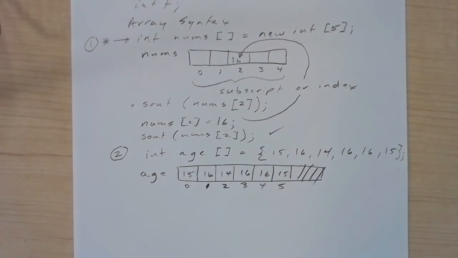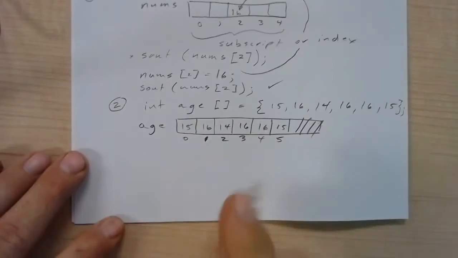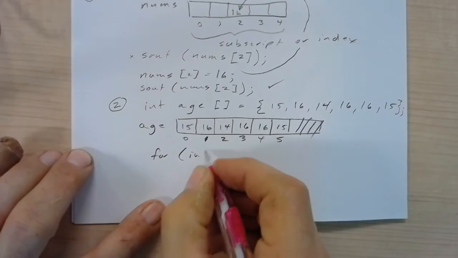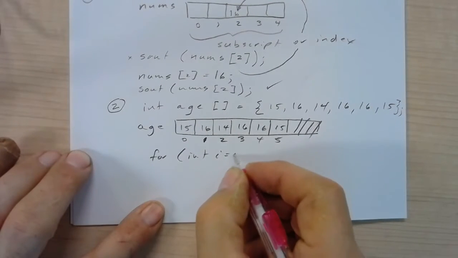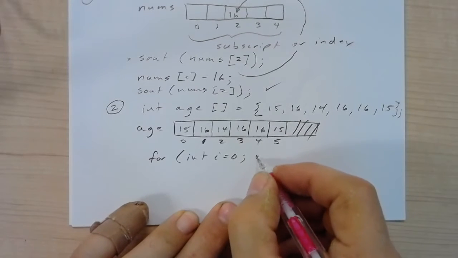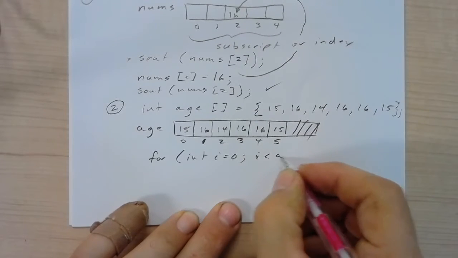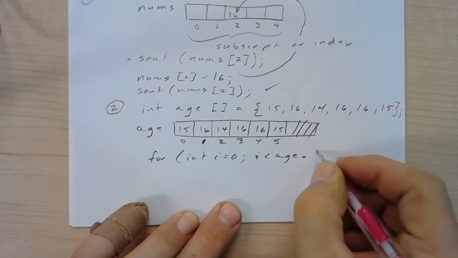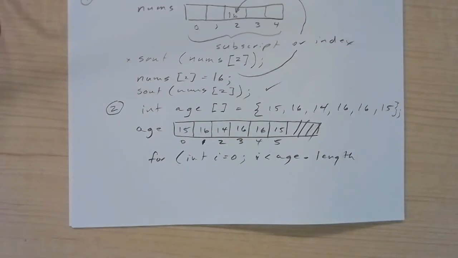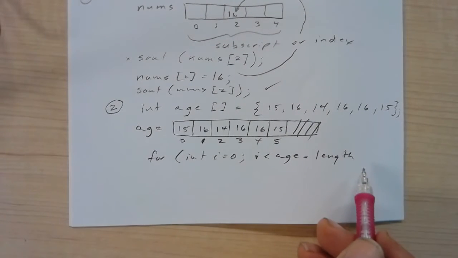Those are my 6 values, and to access these I can use a loop. We use our i is less than... Now with the length function for a string, what has to go next?